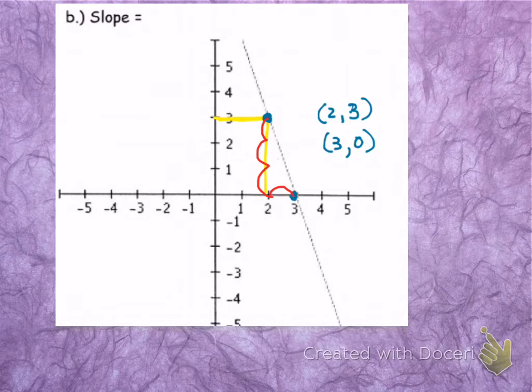And you can look at that in this relationship as well. The difference in my y values is 3, and the difference in my x values is 1. And so that slope is 3 over 1, or you can just write it as 3, but that slope is going downward, and so that is a negative 3. So sloping downward from left to right is negative.